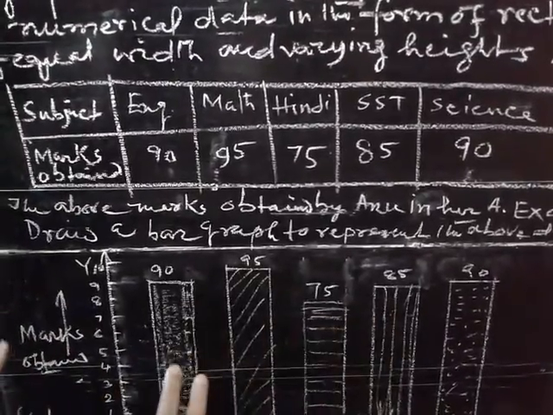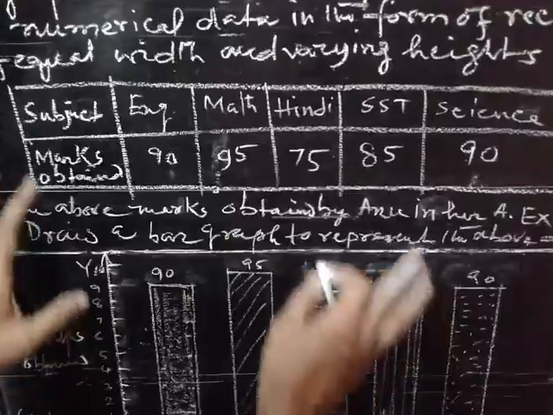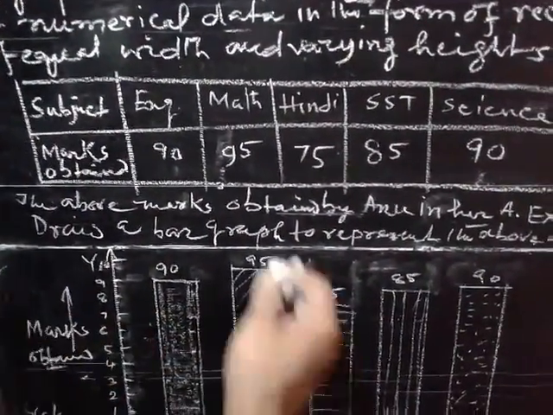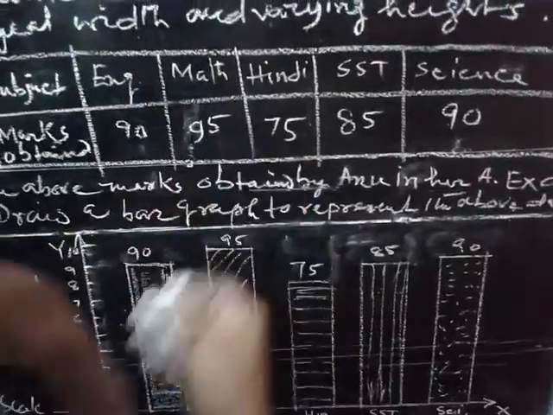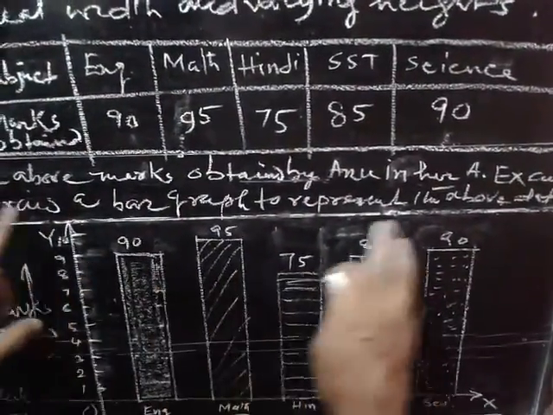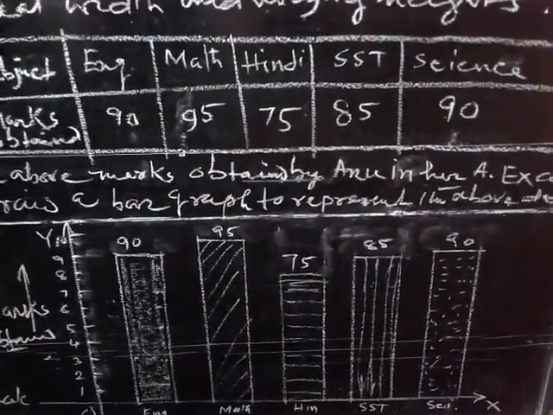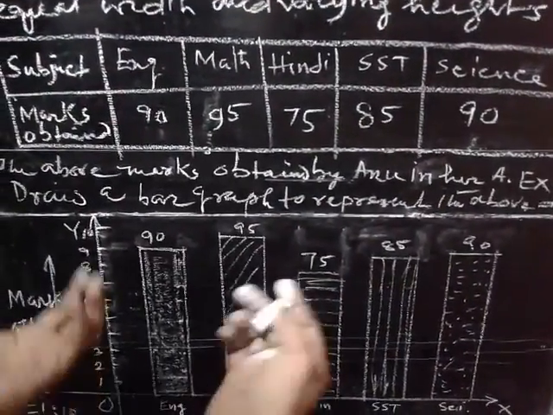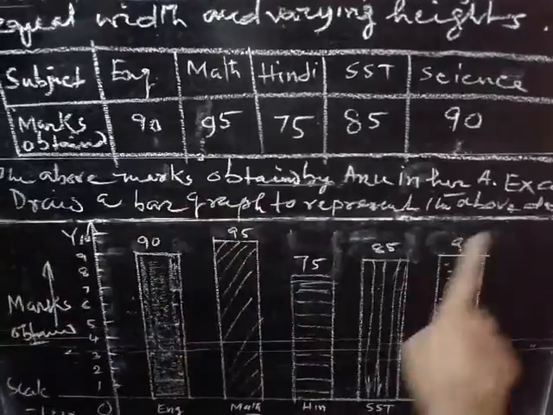This shows how to represent data with the help of a picture. Vice versa, if the picture is given, you can also extract the data from the graph.